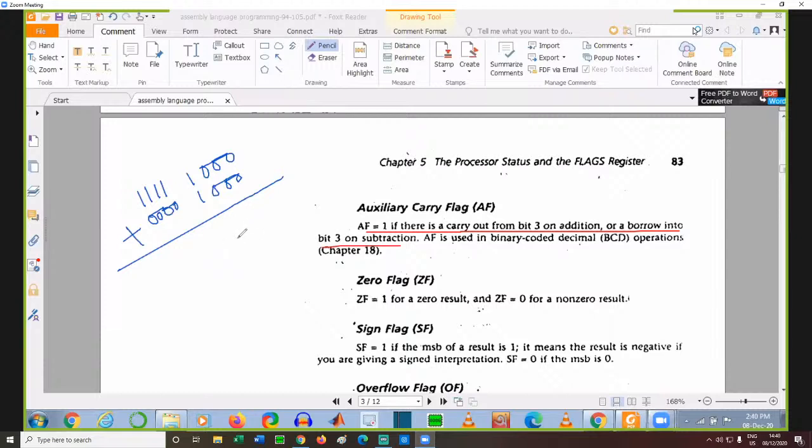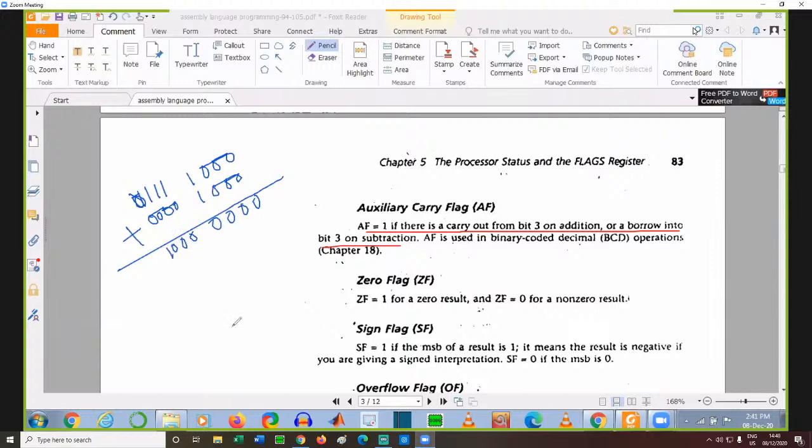I am saying that if we perform this operation, in that case what will be the value of status flag AF? Oh, okay.